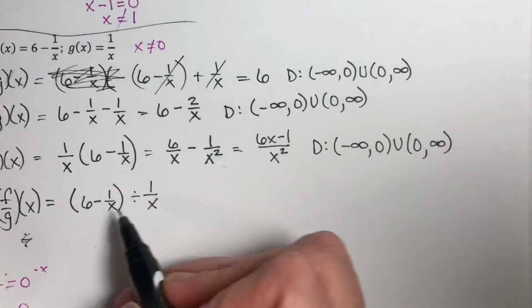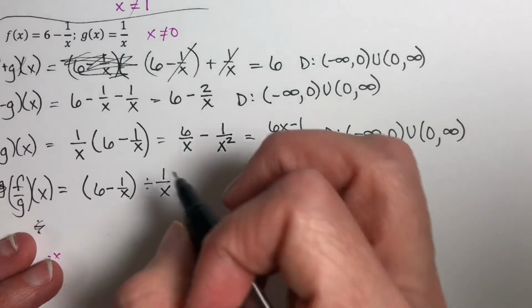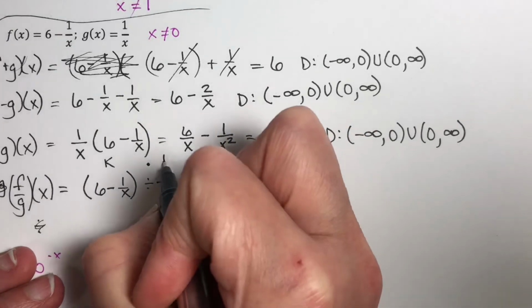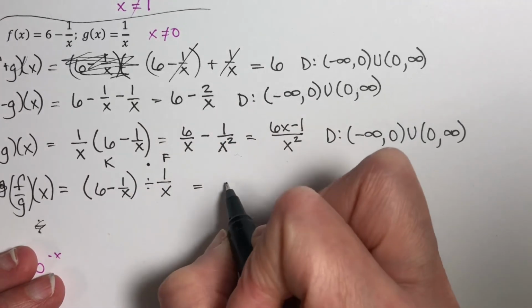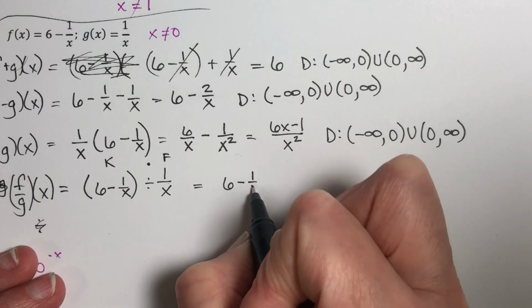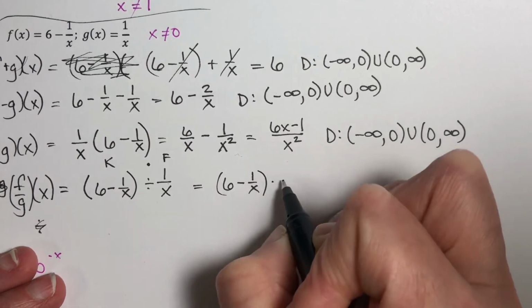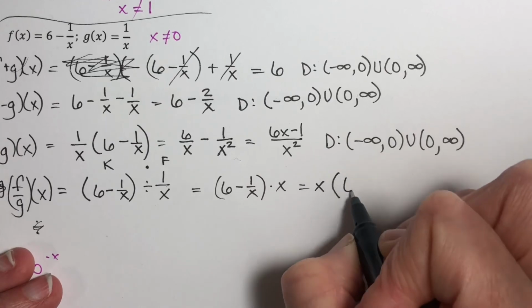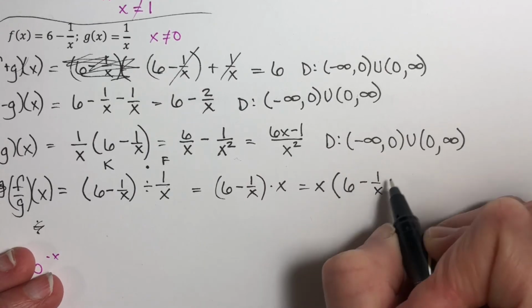Okay? Now let's think about what we know about dividing fractions. We keep the first one, we change it to multiplication, and then we flip the second one. So this is the same thing as 6 minus 1 over x times x, which is the same thing as x times 6 minus 1 over x.